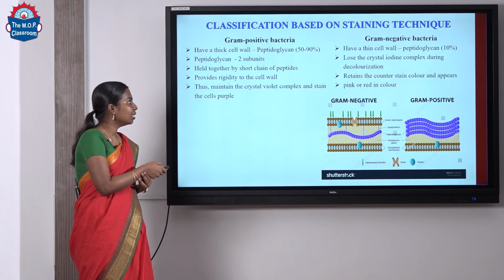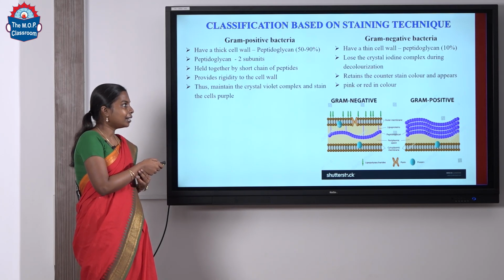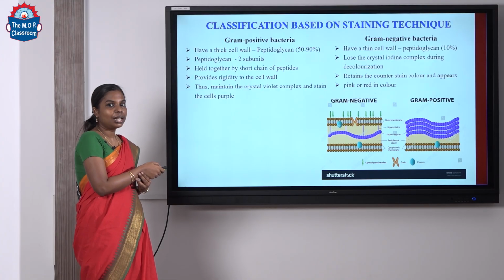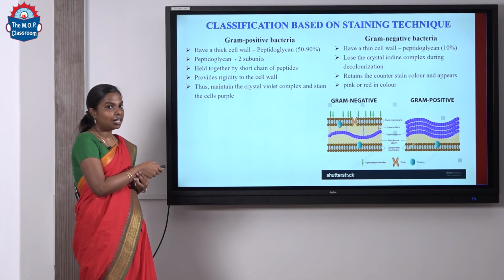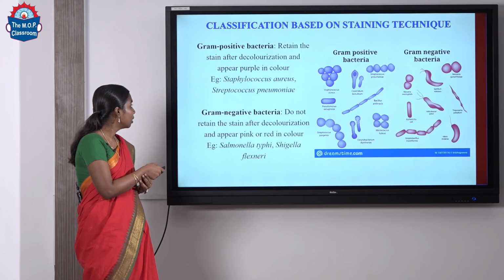On the other hand, gram negative bacteria has a thin cell wall and only 10% of it is made up of peptidoglycan. That is the reason why it is not able to retain the primary stain solution color. Instead, it is able to retain the counter stain solution.